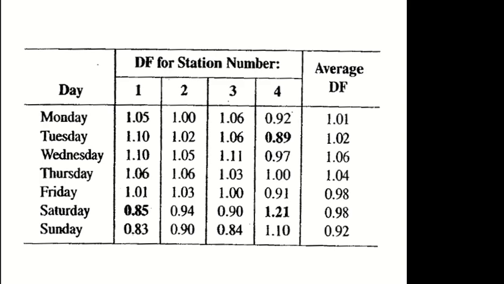Here we have data from 4 stations, and from each station the factors are calculated for each day of the week, the adjustment factors. So the factors which we are looking at in the table are adjustment factors for each day of the week. I am trying to combine the data from these 4 locations. That means for each day of the week, I am trying to use an average value.